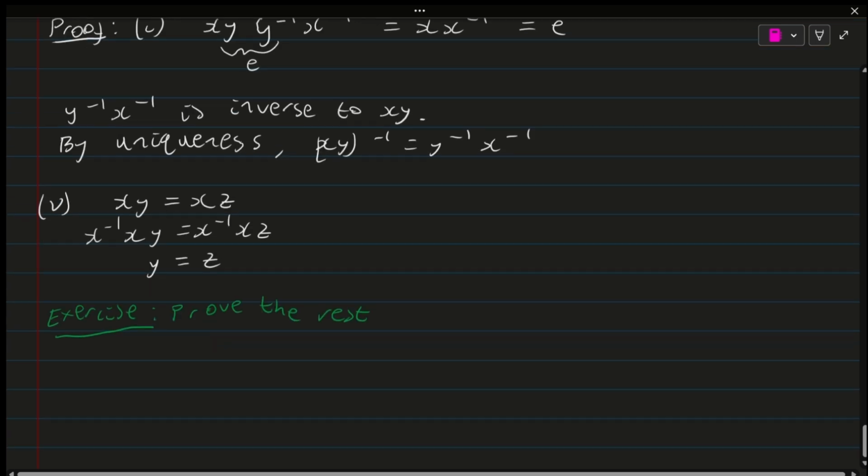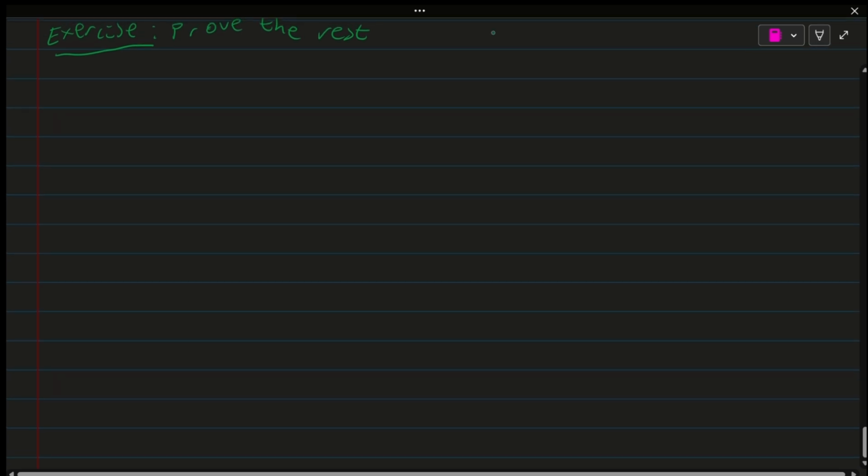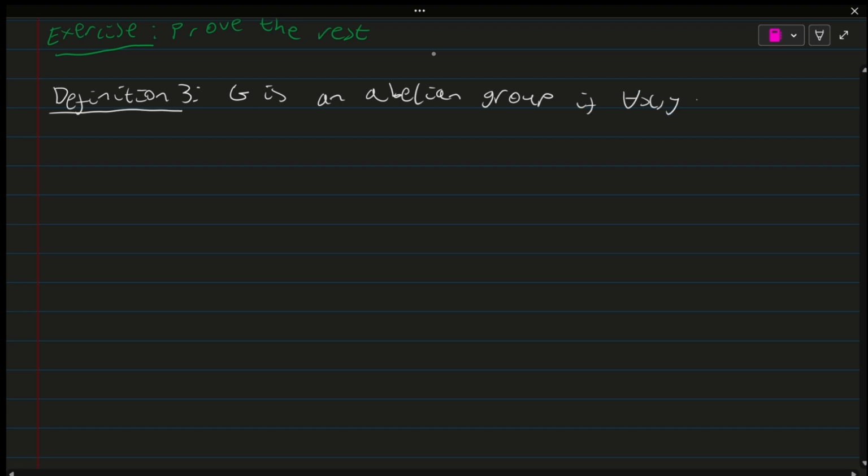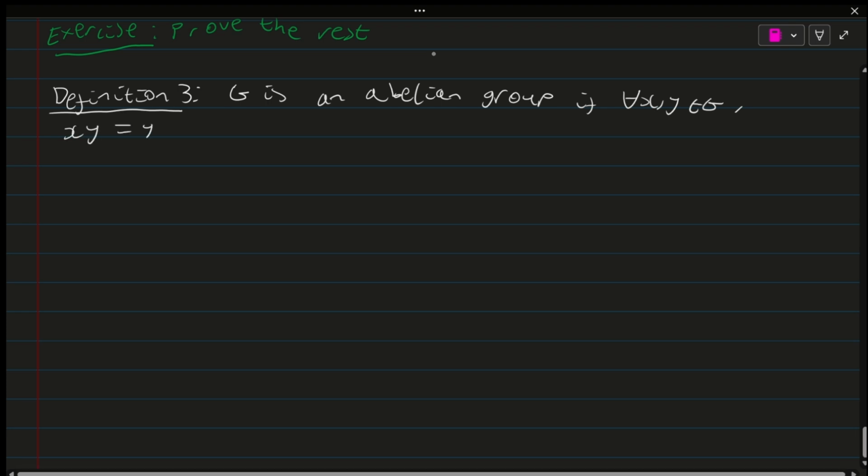Okay, we have a couple more very basic definitions to do in this session, and then we'll end for today. So definition 3, G is an abelian group if for every pair of elements x, y in G we have that xy equals yx. In other words, it doesn't matter which order you do the multiplication in.